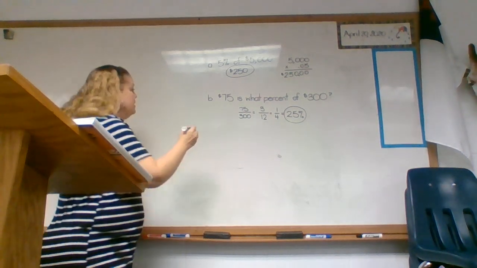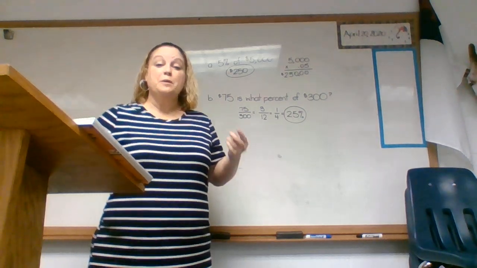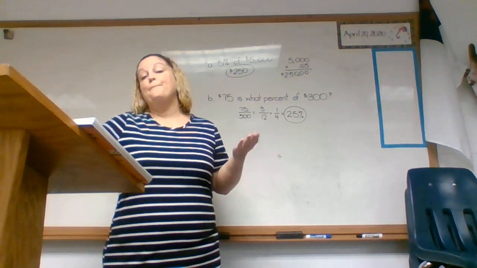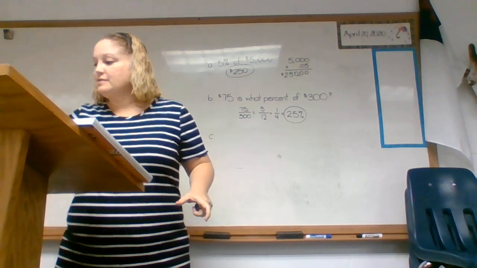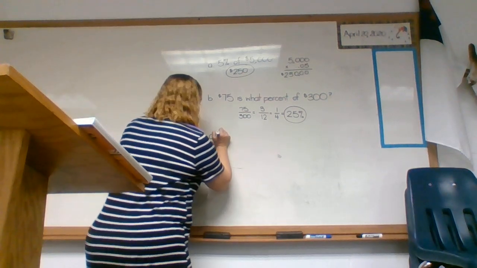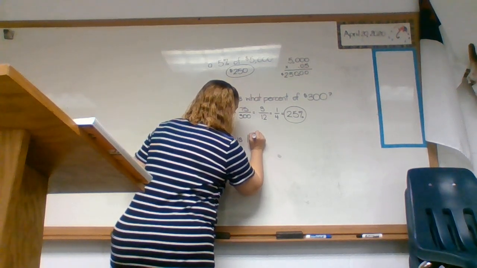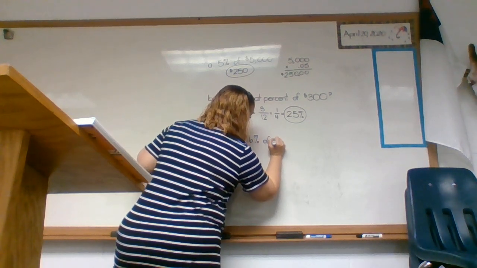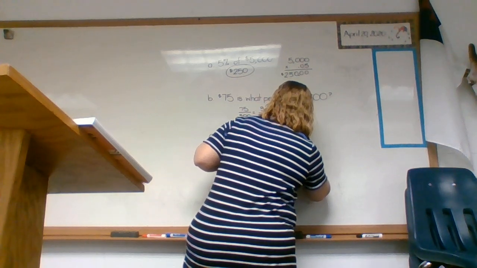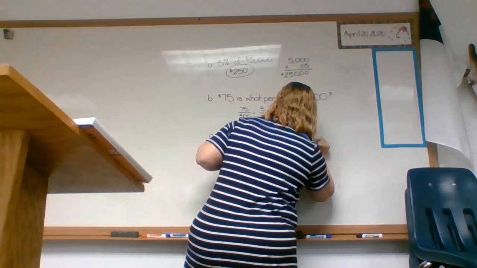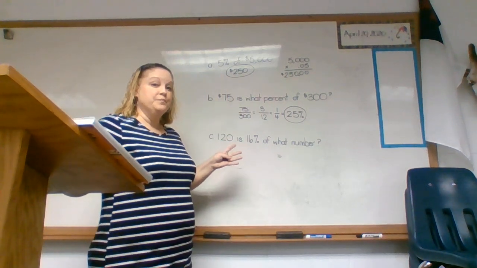And then C, they give us the commission rate. They give us the amount of commission that the person made, but they don't give us the beginning sales amount. Notice over to the side, it says 120 is 16% of what number? And we've done these. Do you remember how we work backwards?